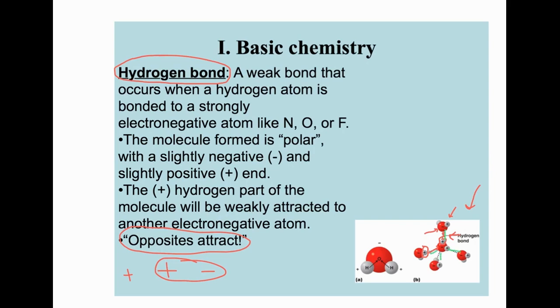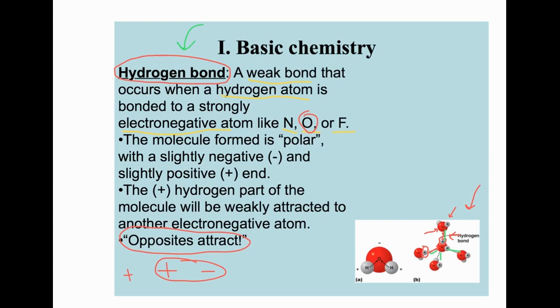And that's what's called a hydrogen bond. Not a hydrogen bomb, but a hydrogen bond. That is a very weak bond that occurs when you have hydrogen atoms bonded to what's called very strong electronegative atoms like nitrogen, oxygen, or fluorine. Well, in this case, it's oxygen.